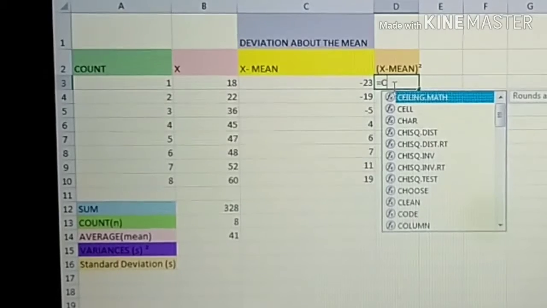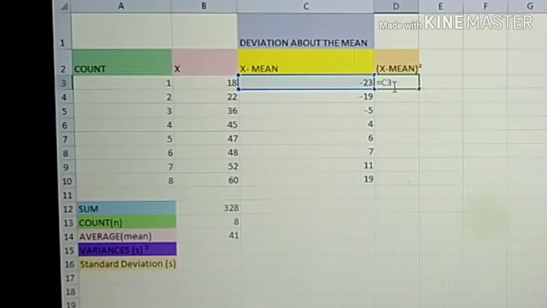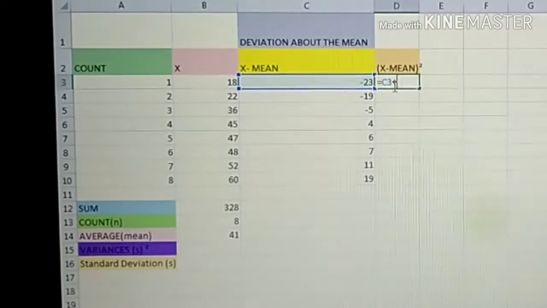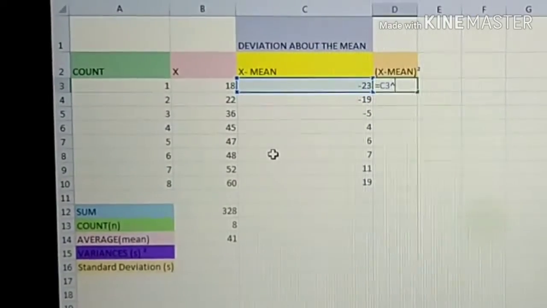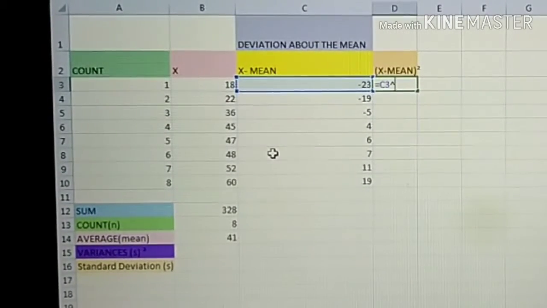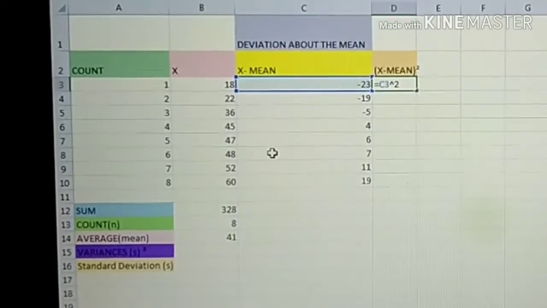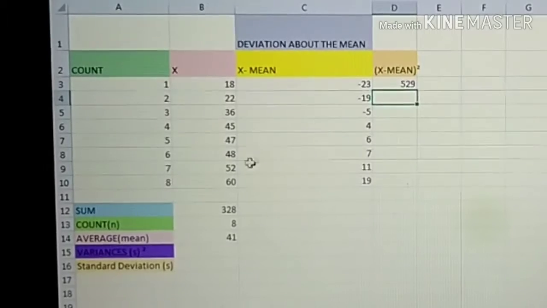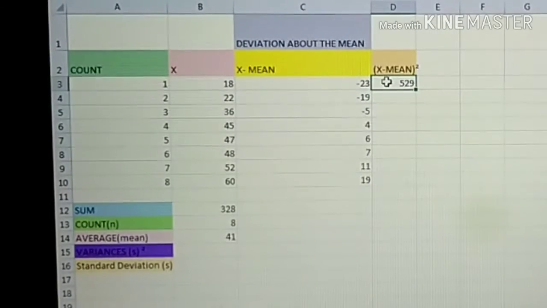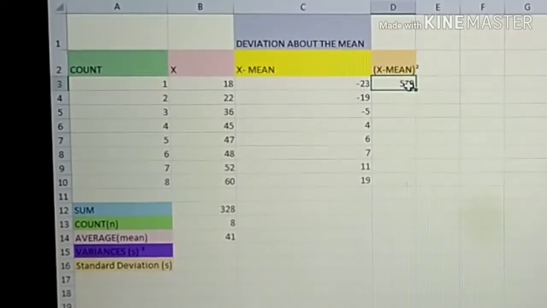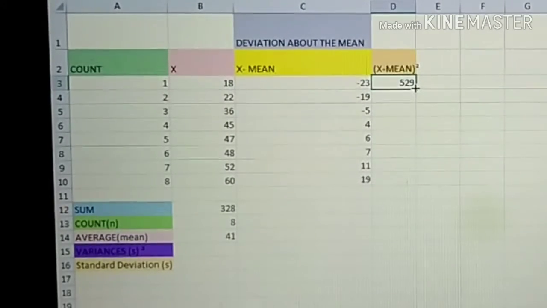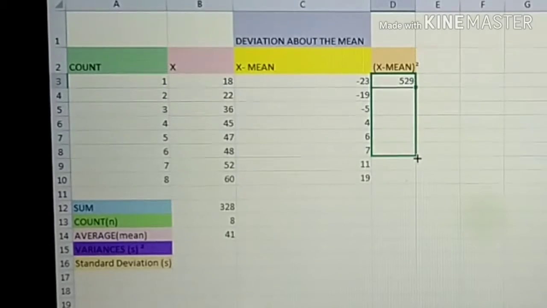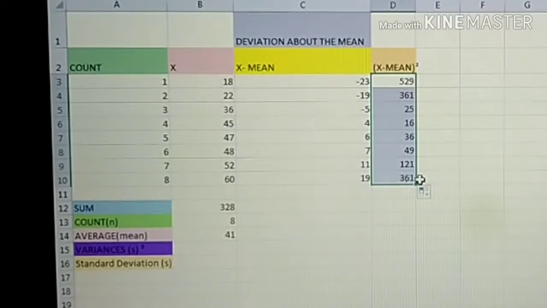C3, then squared by 2. Then enter, 529. So, kagaya nung ginawa natin sa x minus mean, drag lang natin siya hanggang sa number 8 din. Yan na yung answer niya.